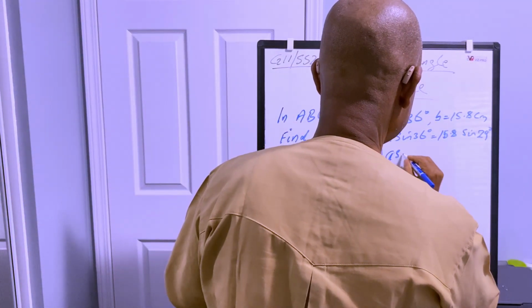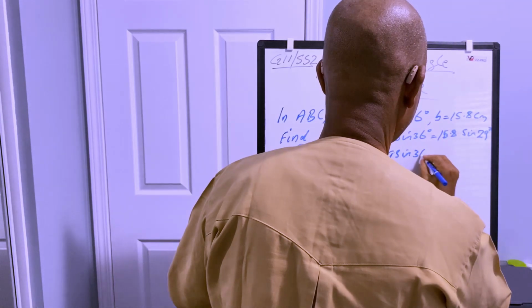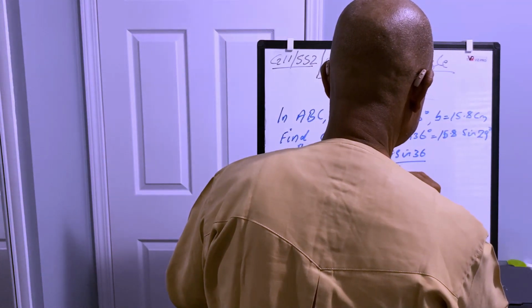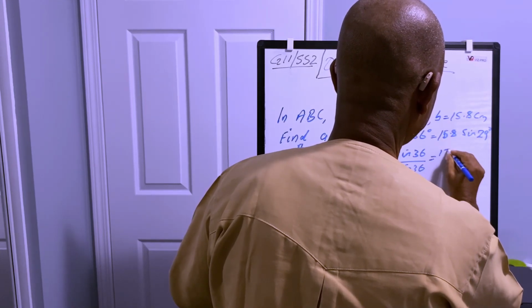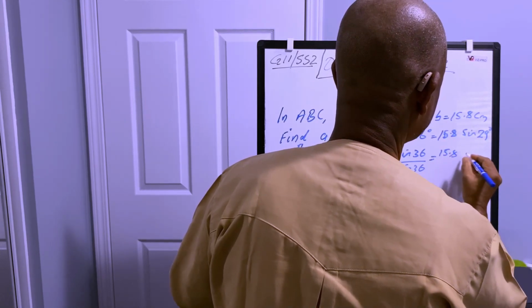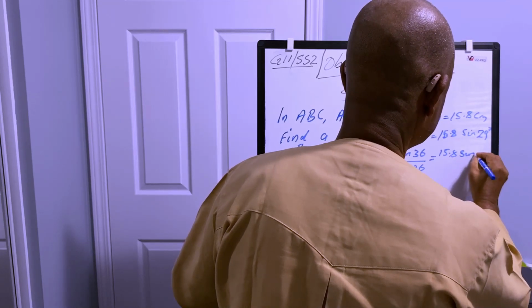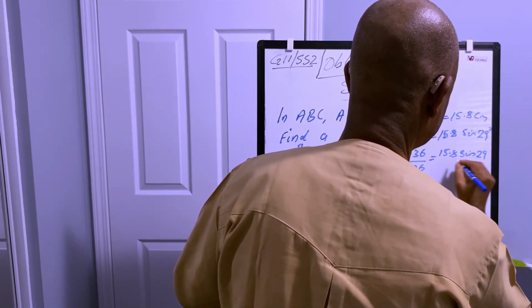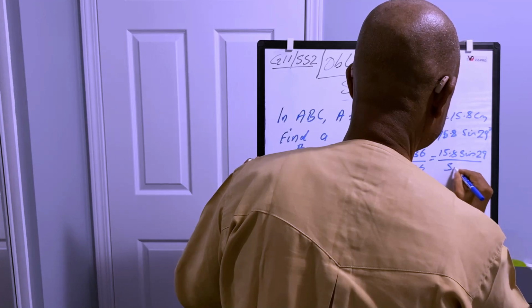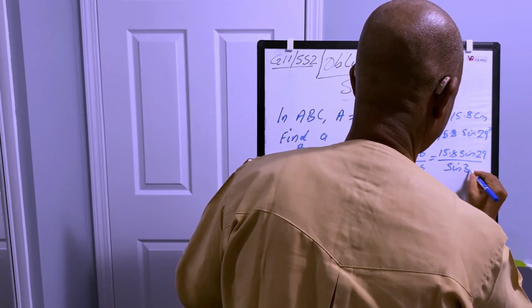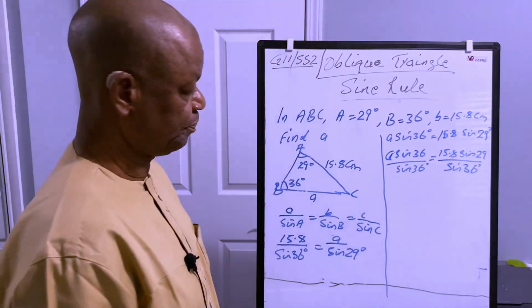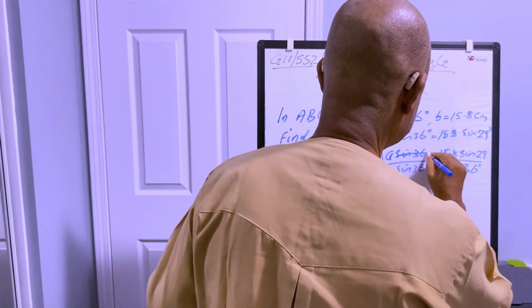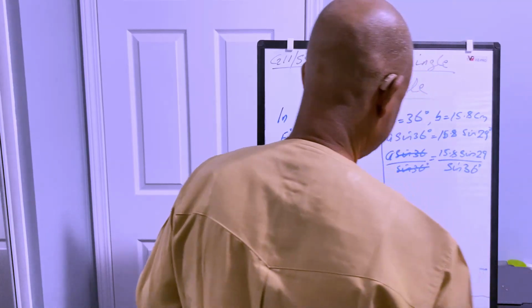a sine 36 degrees divided by sine 36 will give us 15.8 sine 29 degrees divided by sine 36 degrees. To single out a, sine 36 cancels sine 36.